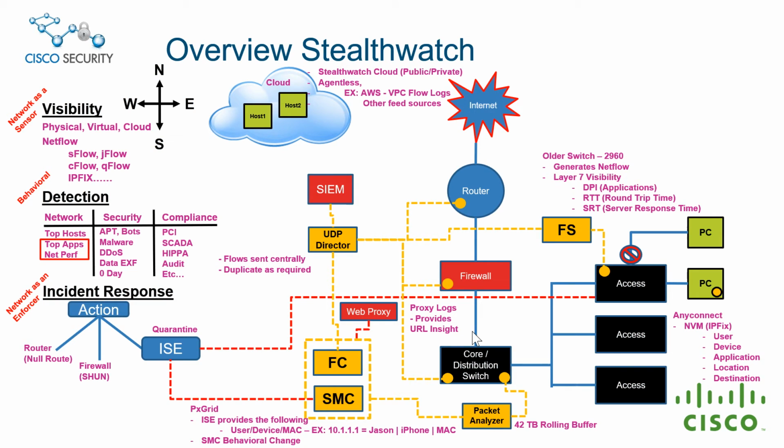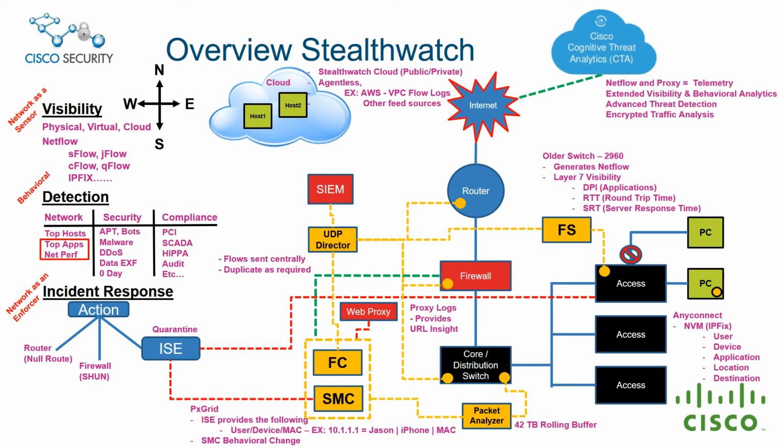As we continue to move through here, there's one more piece: cognitive threat analytics. I believe the term now is cognitive analytics, so it does more than just threat. In this case, what we're going to look at is sharing that NetFlow and proxy telemetry data with Cognitive.